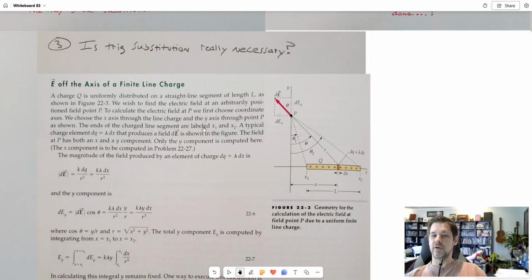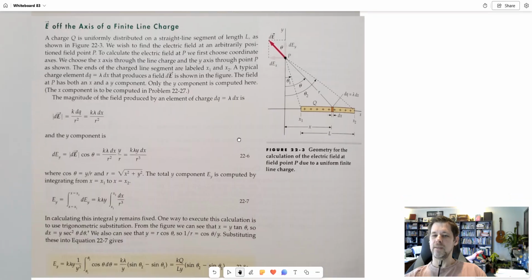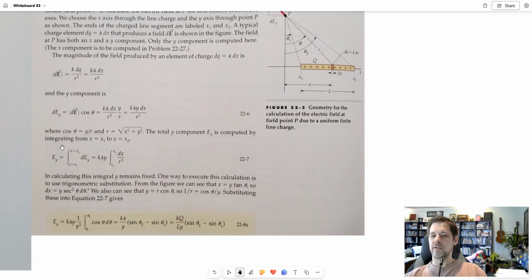Here's a problem I took from a physics book about how to calculate the electric field at a certain point in space if we have a charge accumulation here on the x-axis. Here they're using various laws of physics to set things up, and it turns out to be a calculus integral, which is worked, at least one way to do it, by trig substitution.